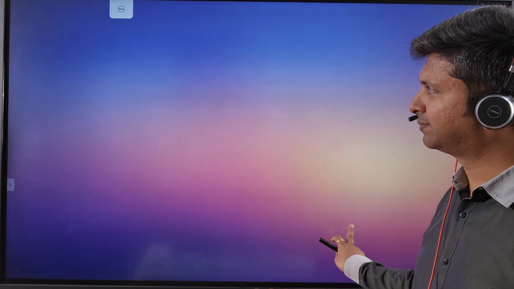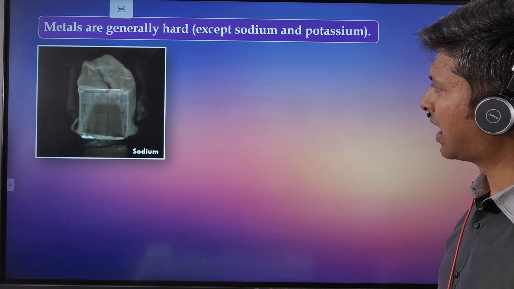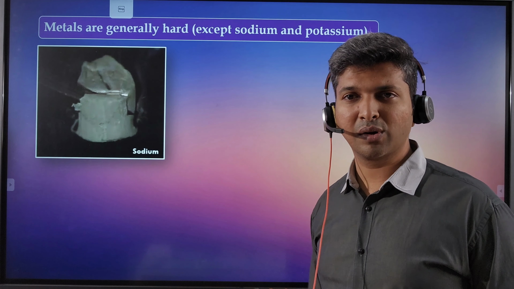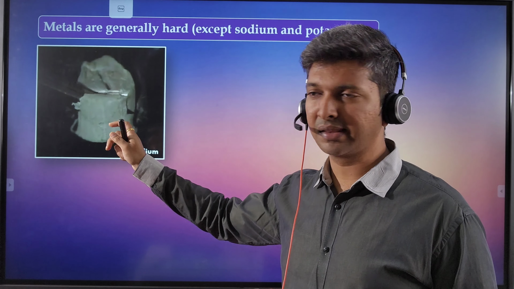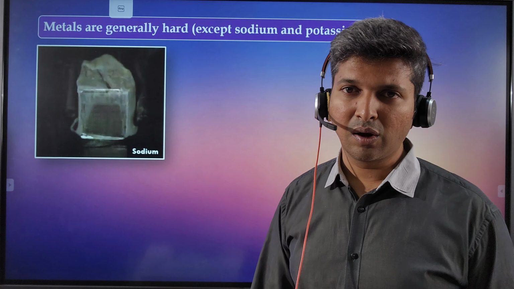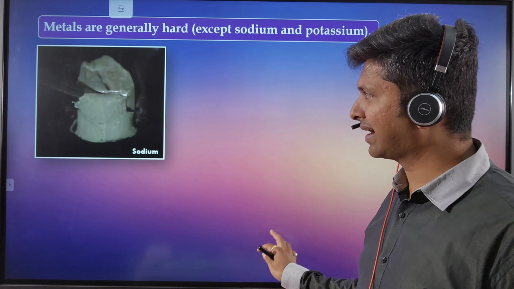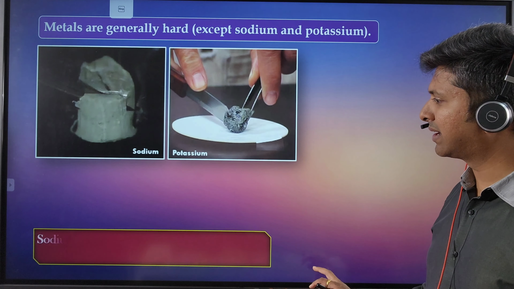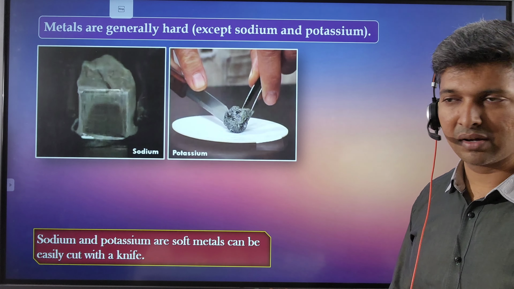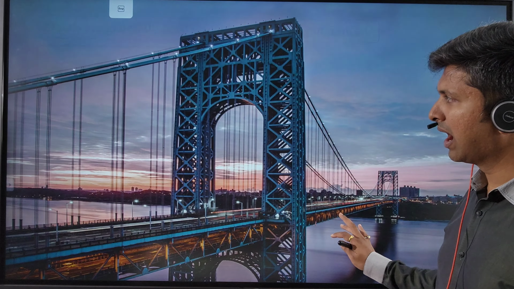Then metals are generally hard, except for sodium and potassium. Sodium and potassium are so soft, lightish yellowish golden in color, and they can be cut with a knife as well. That is the level of softness in sodium and potassium. But the other metals are not soft, they are pretty hard.